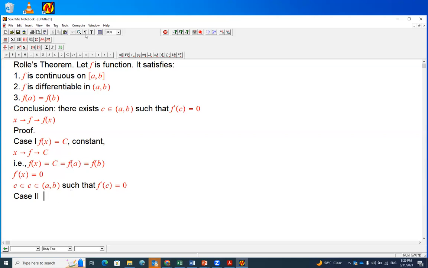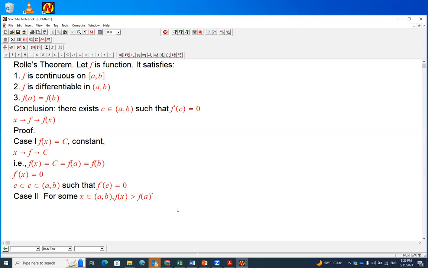So we suppose that for some x inside the interval (a, b), suppose that number is going to be larger than f(a).